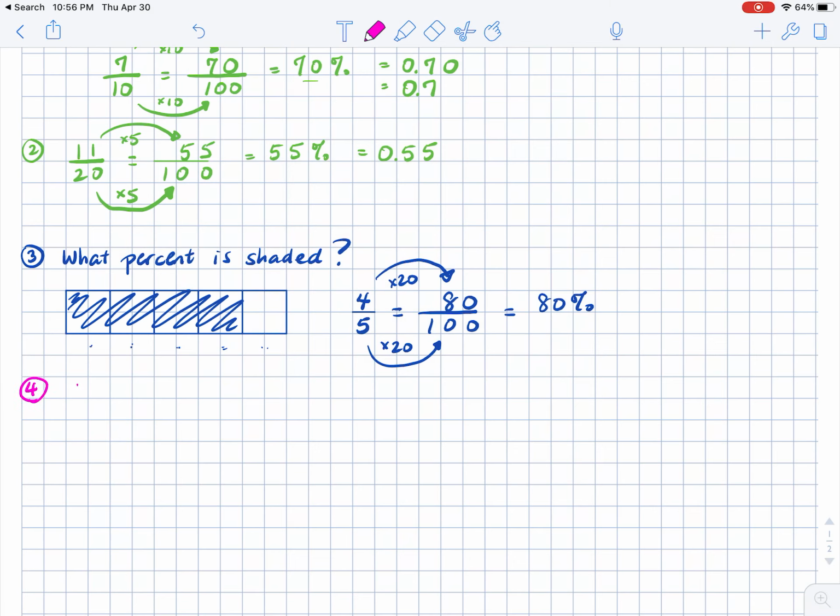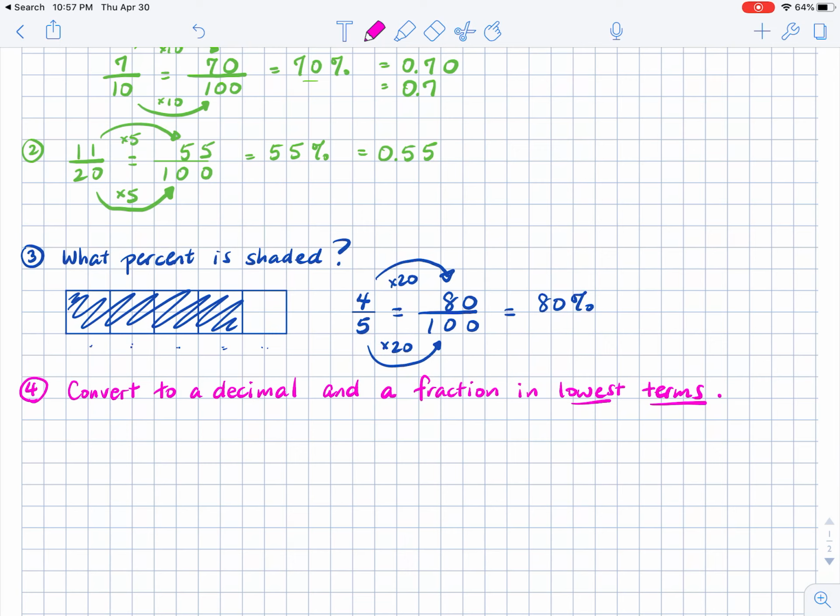So another example is: convert to a decimal and a fraction in lowest terms. So this is, again, good practice for divisibility rules as well and common multiples.